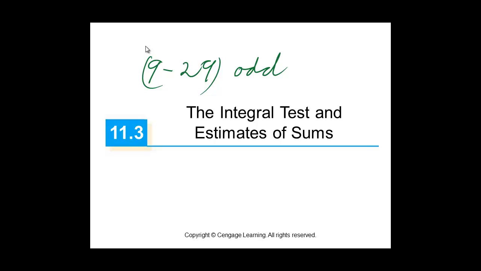Now, a lot of the times it is important to know whether a given series is convergent or divergent. You don't need to know the exact sum. You need to know whether the series is convergent or divergent. And section 11.3 is going to give us a test whether a given series is divergent or convergent.